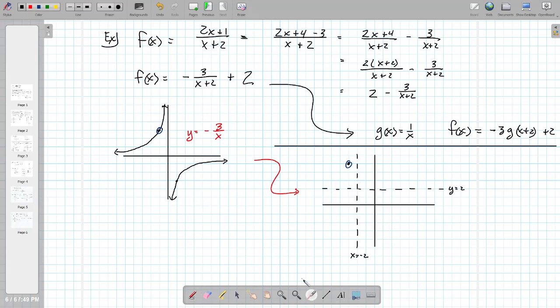And this curve at this point is 3 units below the horizontal asymptote and 1 unit to the right of the vertical asymptote. So this point is the same as this point. That's how it shifts.